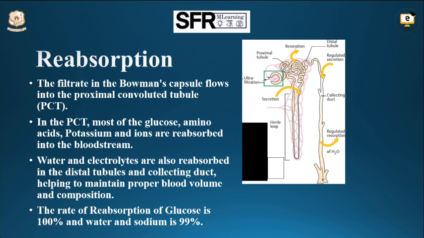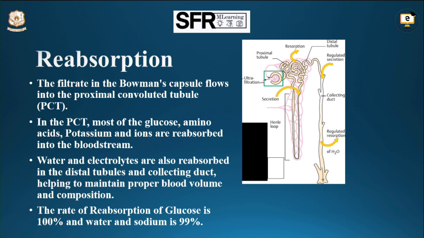In general, water and electrolytes are reabsorbed in the distal tubules. In the proximal tubules, glucose, amino acids and potassium are reabsorbed, and in the distal tubules, water and electrolytes like sodium, potassium, chloride and other ions are reabsorbed, in both the distal tubules and the collecting duct.